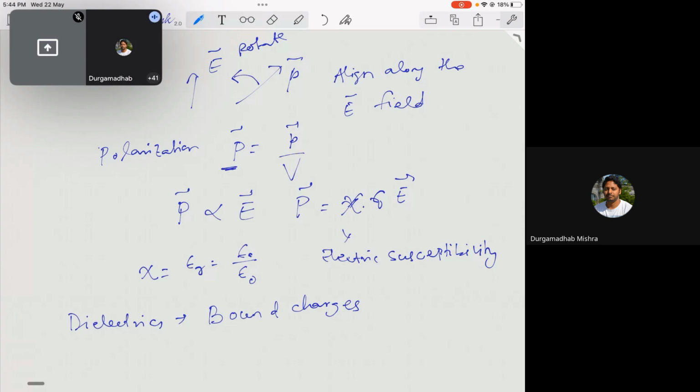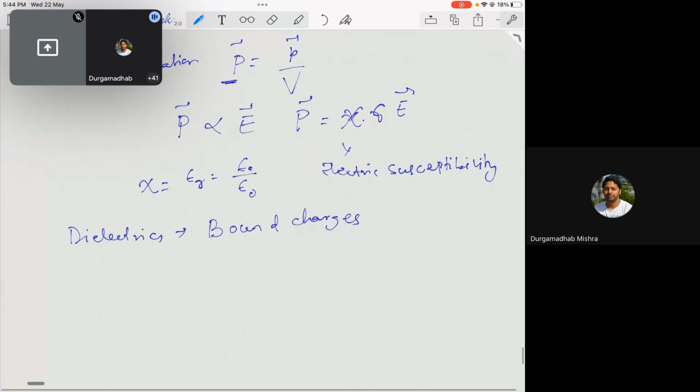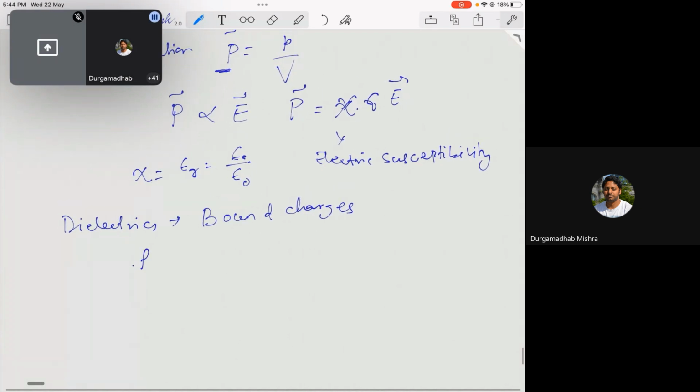So dielectrics will have bound charges, and we can define a bound charge density, which will be equal to the negative of the divergence of the polarization, minus del dot P. These bound charges are within the volume of your dielectric, due to the rearrangement of electrons and positive charges within the atom.